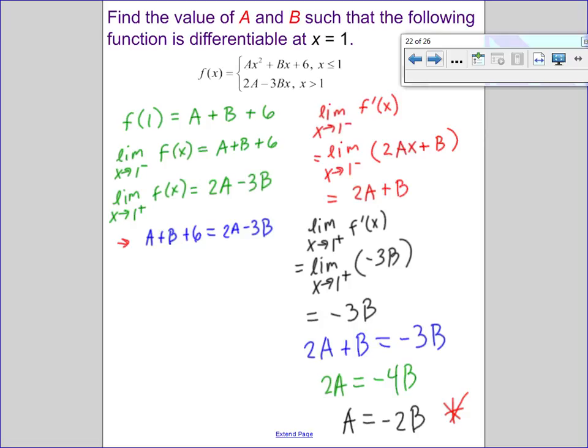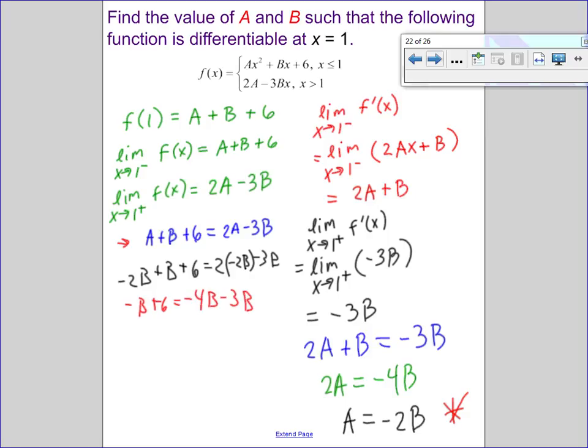A is now negative 2b. So negative 2b plus b is negative b plus 6 equals negative 4b minus 3b.